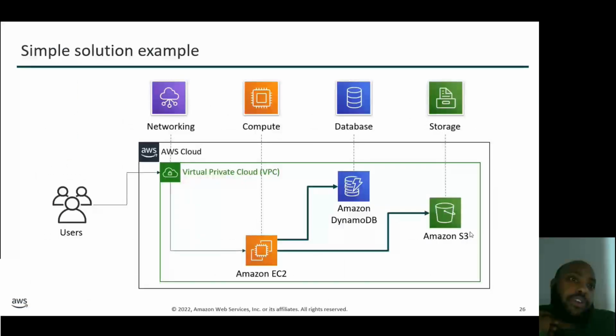And here is a simple solution for a simple web server that is running on the cloud by using 4 different categories, and under each category we have one service running, and that's how we put it together. But we're going to see more about this and how they come together as we move forward, as we go into the architecture class.